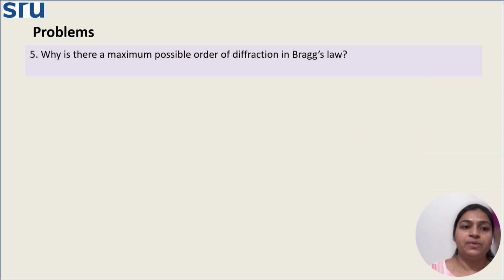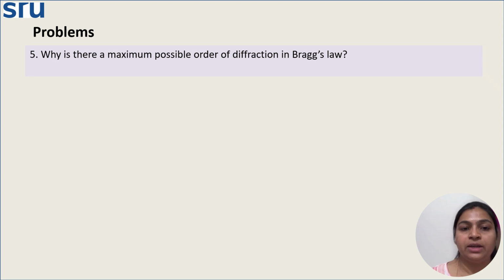So the problem is, why is there a maximum possible order of diffraction in Bragg's law? Because here the law is related to the angle of the incident ray.